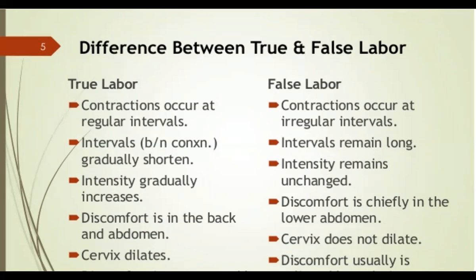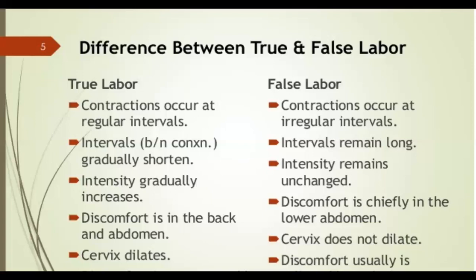Again, intensity. Previously the patient could bear the pain, but now in true labor the patient is not able to bear it; the intensity gradually increases. In false labor, the intensity remains unchanged.